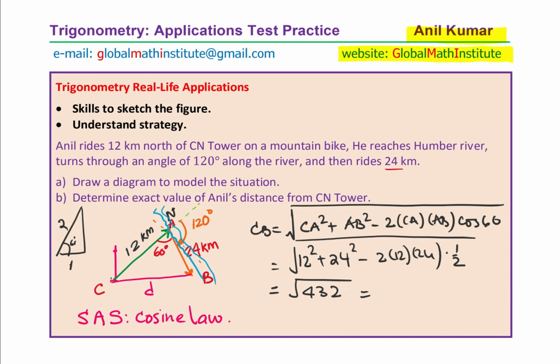The square root of 432 gives me 12 square root 3 as my answer. That is the exact value of the answer in kilometers.